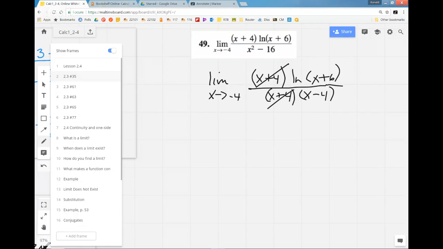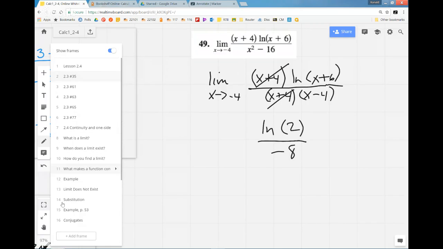Now can we substitute? We can, because if you substitute in, then we have on top natural log of 2 over -8. And that would be your limit. Now you can actually do this on a calculator, but this is good. Okay, so that was number 49.